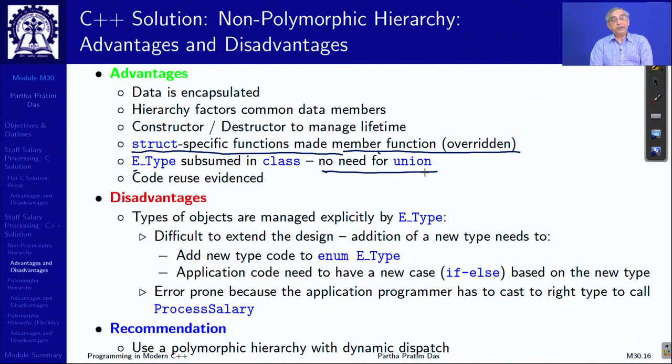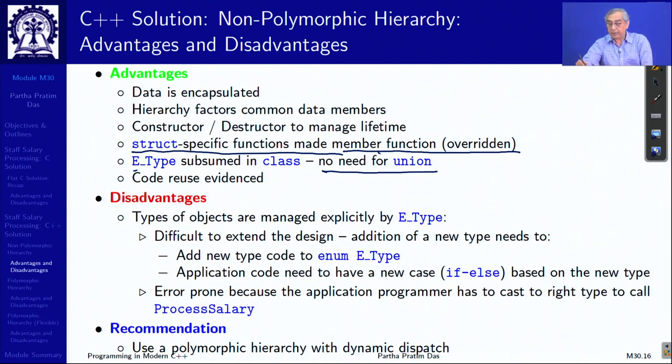I am substituting union by upcast. I have an array of pointers where the upcast combines everything in terms of base class pointer, but I still can dig into that object and get the E type to decide which type of object it is.